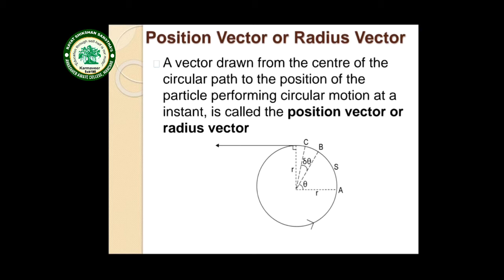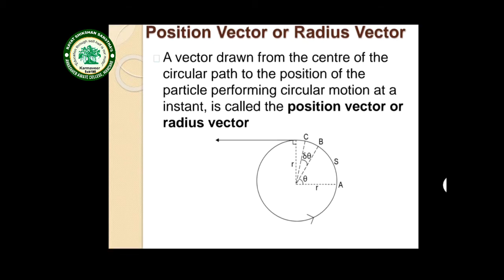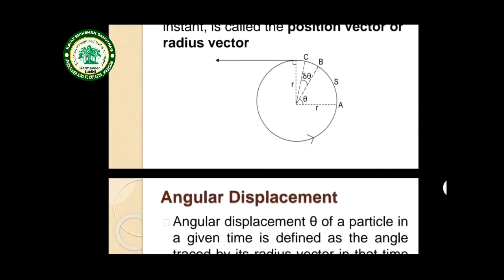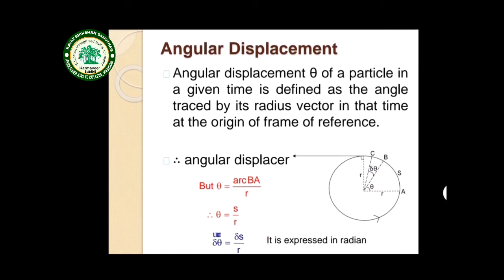So the position vector R bar is equal to x i cap plus y j cap plus z k cap, where i is the unit vector along the x direction, j is the unit vector along the y direction, and k is the unit vector along the z direction.